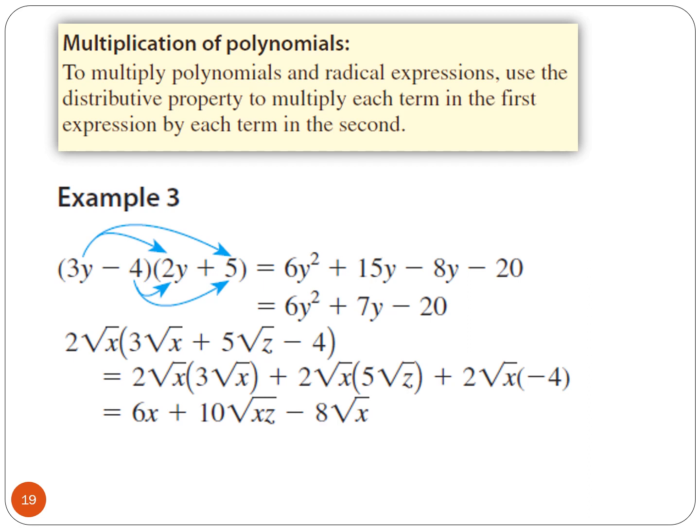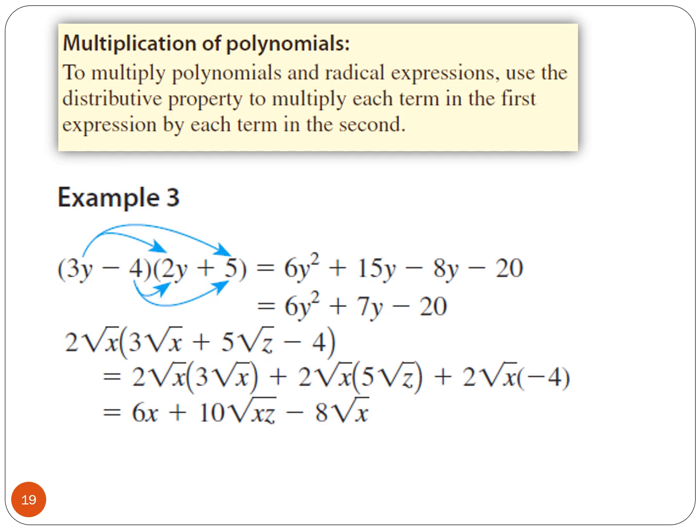The next example, these are not polynomials, these are just algebraic expressions. So we'll see how to multiply this. This is multiplying 2 times the square root of x times 3 the square root of x plus 5 times the square root of z minus 4. And this is not a polynomial, but we can still multiply algebraic expressions.